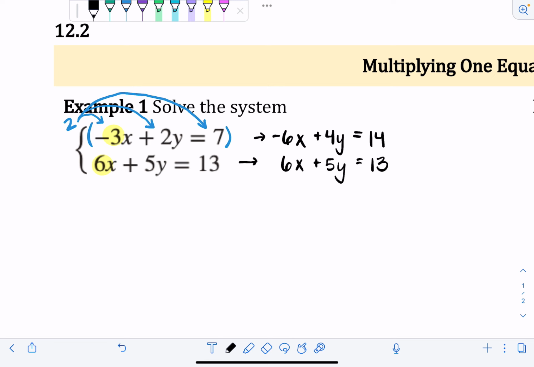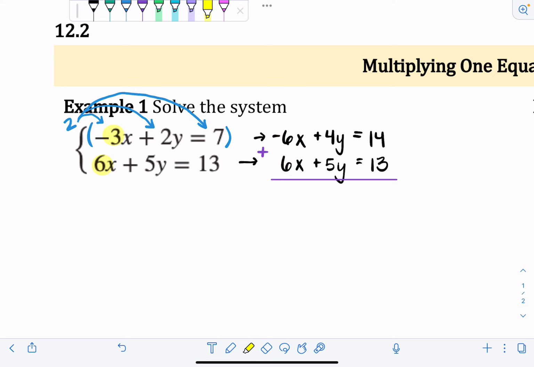And then now I'm ready to set up my addition problem. The reason I'm ready now is because I have those matching coefficients. One is -6, one is +6, and since they're the same number but opposite signs, if I add them together, it would be 0, and it would wipe out that x.